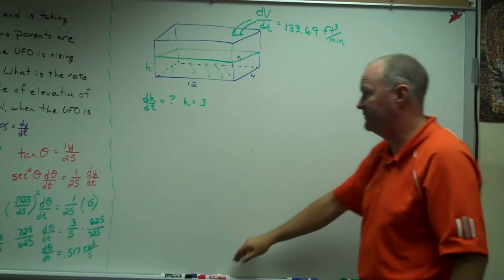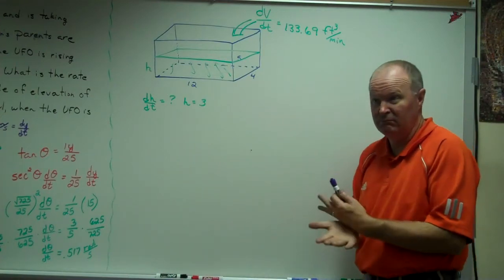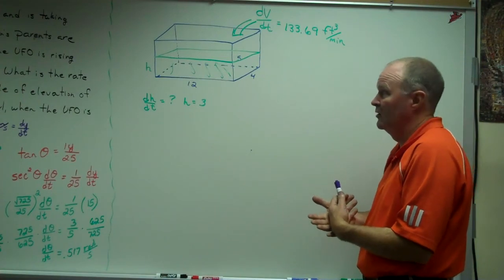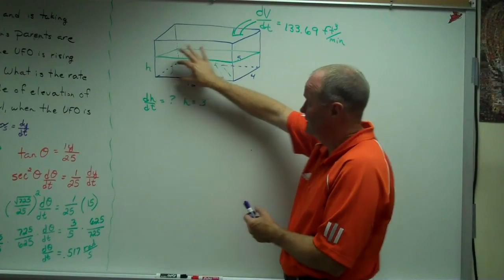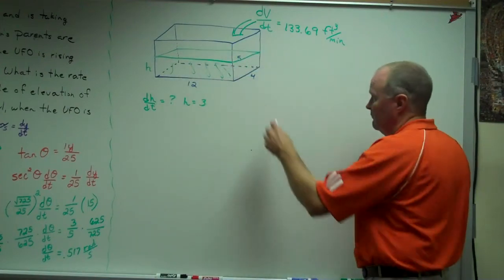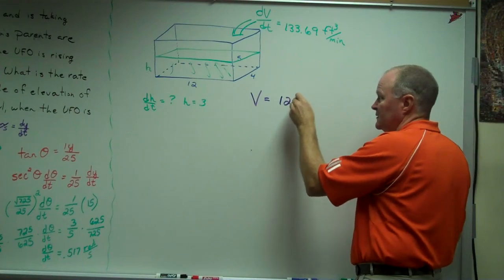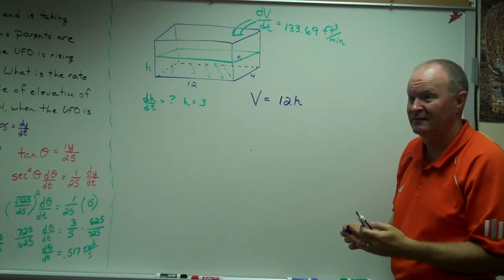So, I've got to find a volume equation. Well, is it a prism? Yes. So, what's the area of the base? The base is a rectangle, right? So that's just 12 times h. Why did I just use 12?